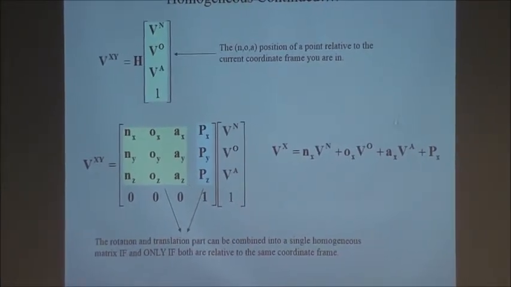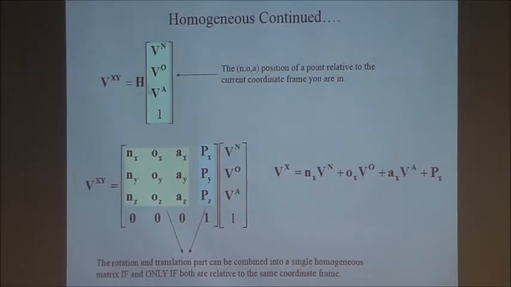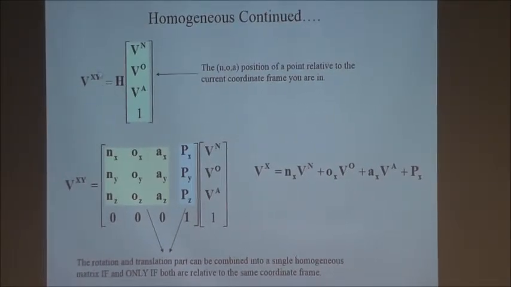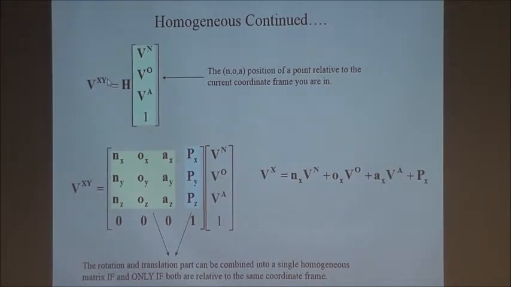So, again, to repeat, you have a homogeneous transformation matrix H, which transforms your x, y, z coordinates into n, o, and a coordinates. And once again, you have a 3 by 3 rotation component and a 3 by 1 translation component.